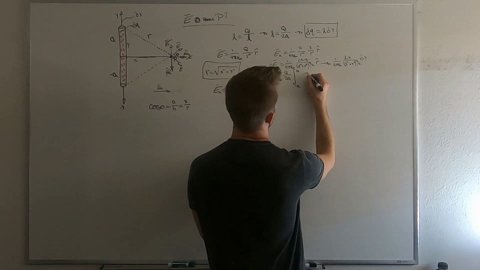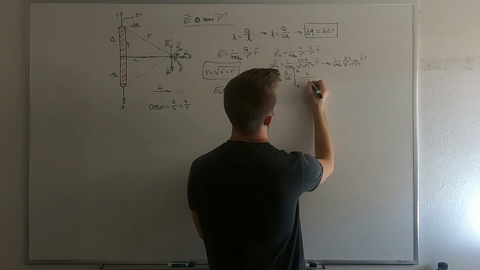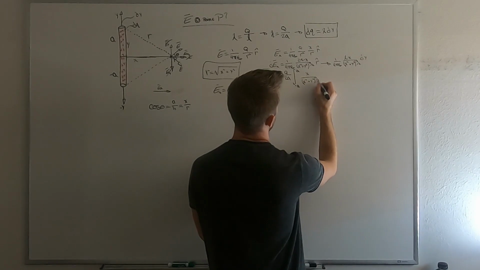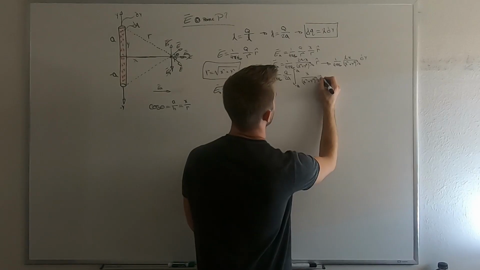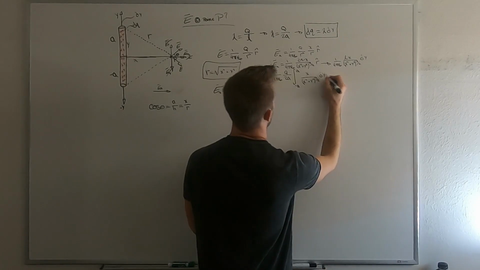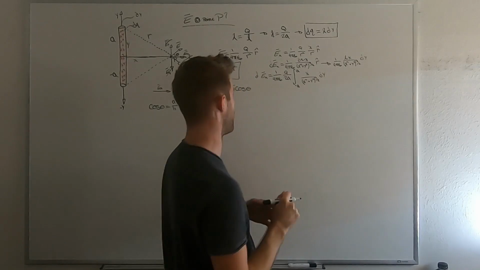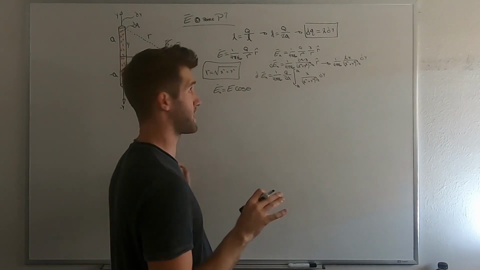So then this is going to be x over x squared plus y squared raised to the 3/2, with respect to y. Okay, so this is ugly. I'm not ashamed to admit it.